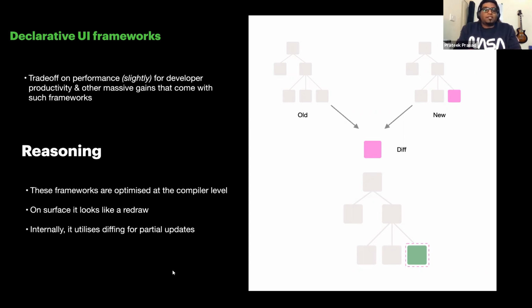So on surface, it might seem like we are recreating our UI from scratch, but internally, the tree is diffed and partially updated. This was pioneered by React with its virtual DOM model, where it compares the content of the virtual DOM with the actual one and updates only the nodes that would change. So we no longer need to worry about overdraws in performance, and we have these nice abstractions to work with, while the framework does all the heavy lifting for us.